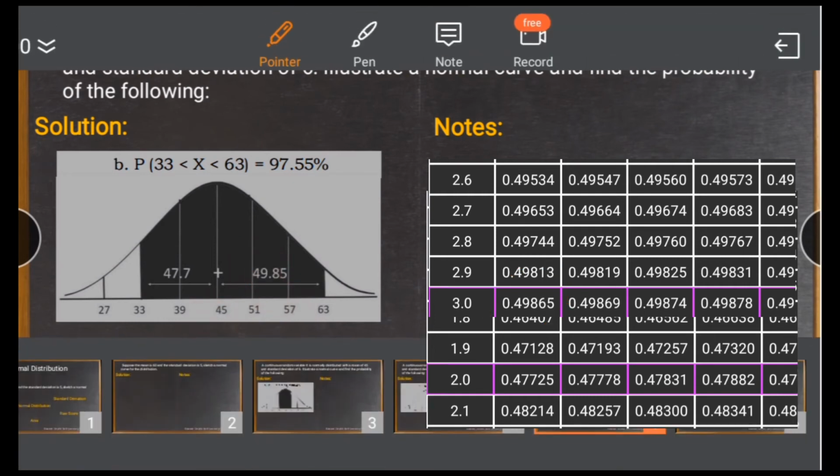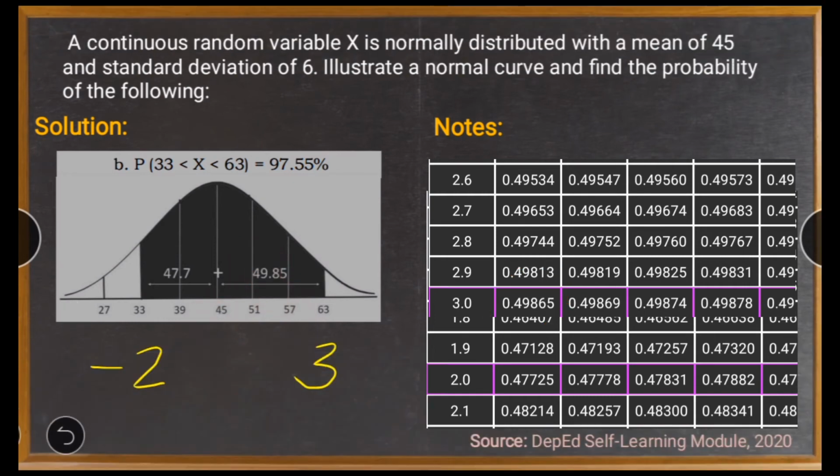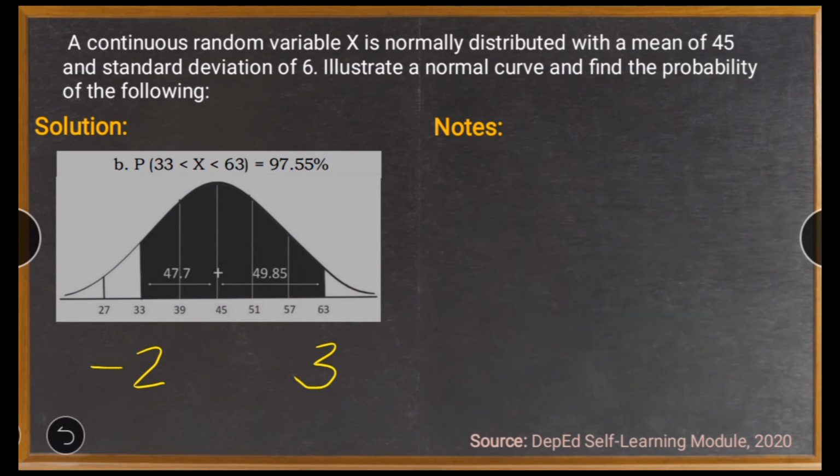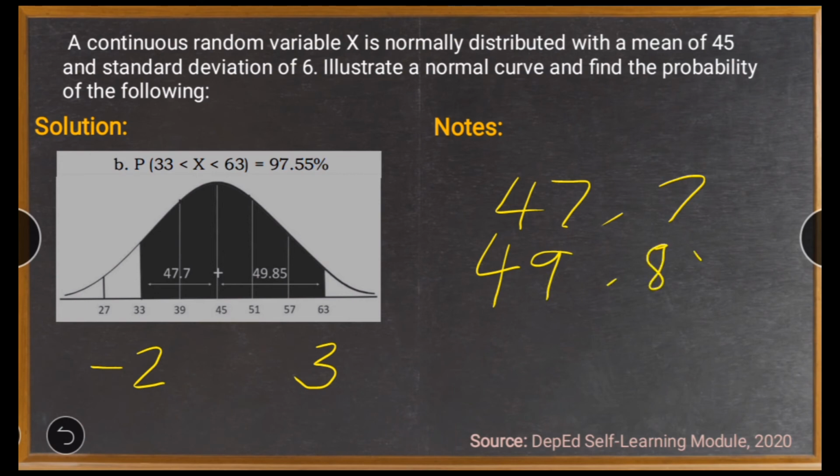So if we are going to find the total area under the normal curve given the probability, the interval, just add 47.7 plus 49.85.